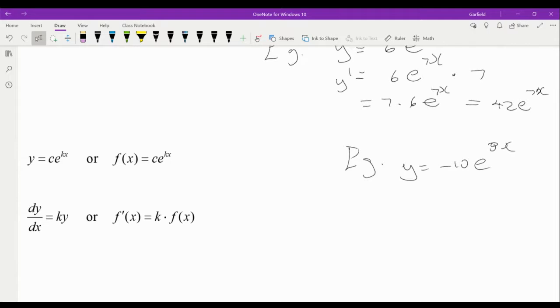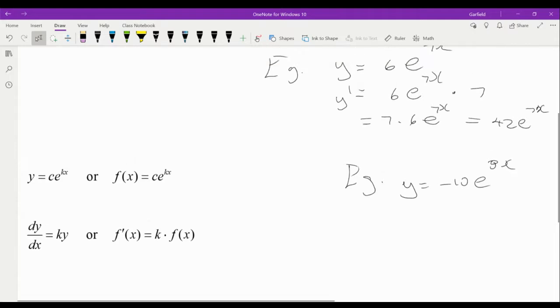What do we think about that? Is this any different from the previous problem?